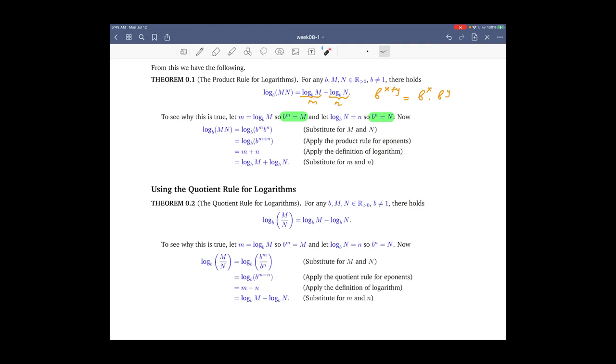All right. Now, of course, we're going to use the corresponding property of the exponential function. Because if we write log of the product M times N base b, now that M is b to the power little m and N is b to the power little n, we can write M times N as the product b to the m times b to the n. Now, using the product rule for exponents, this product equals b to the power m plus n.